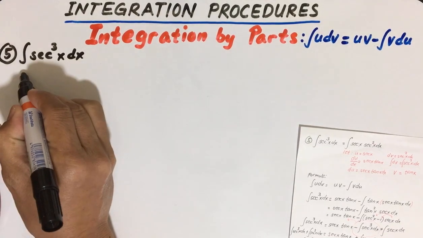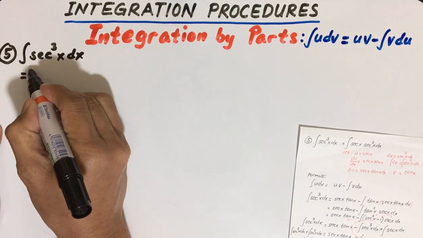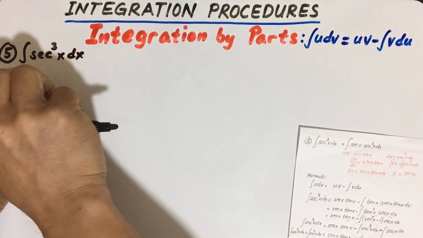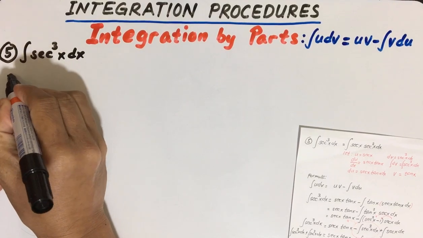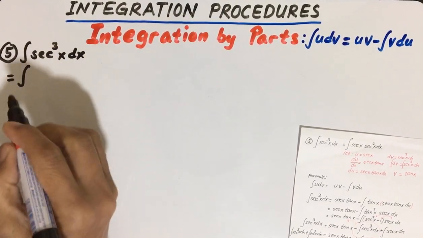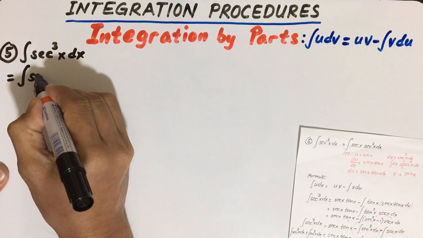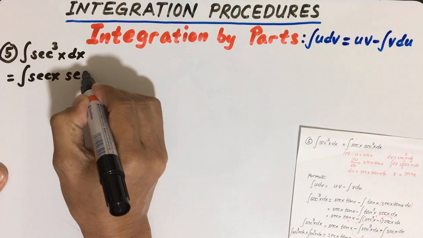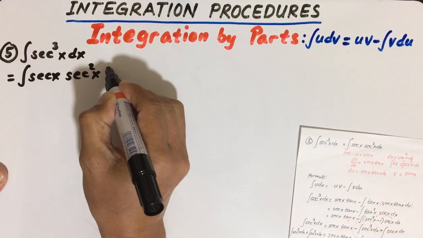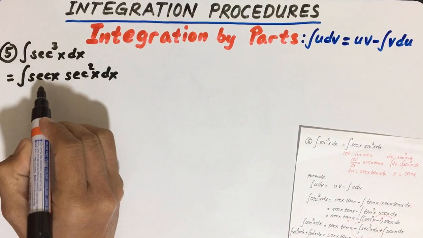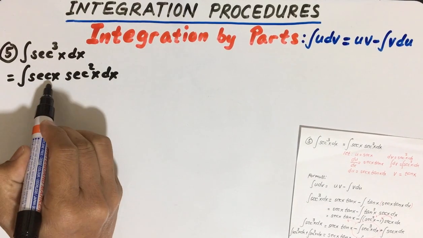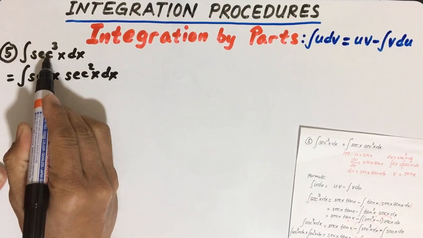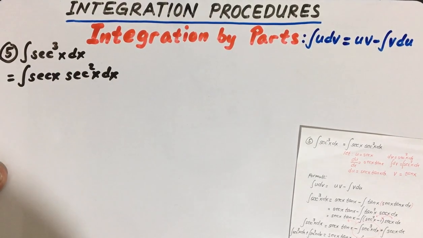This can be written as the integral of secant x times secant squared x dx. So we have broken this into two factors, secant x and secant squared x, which is equal to secant cubed x dx.